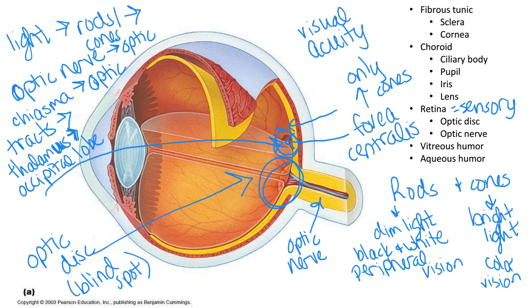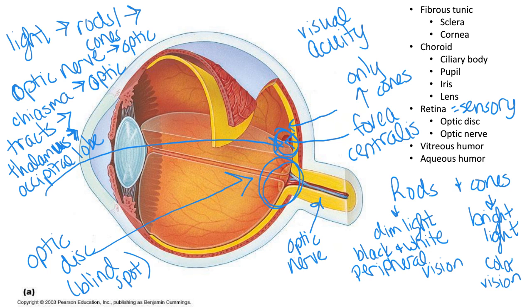So any light that focuses there, we're not going to see whatever it is that the light is bouncing off of. So again, that's why it's called our blind spot. And we compensate for this, and we don't see a blind spot in our everyday life, because we have two eyes and we have that overlap of image there.